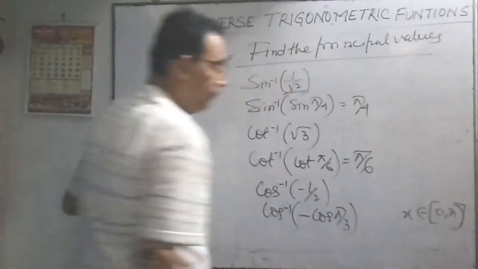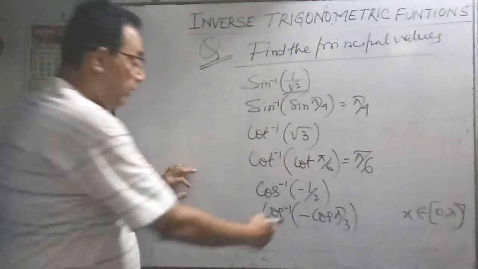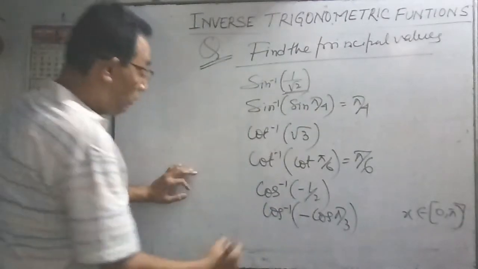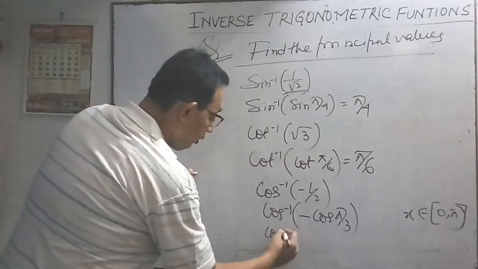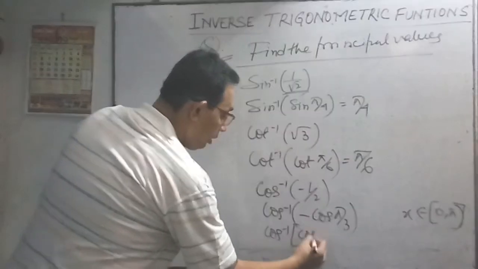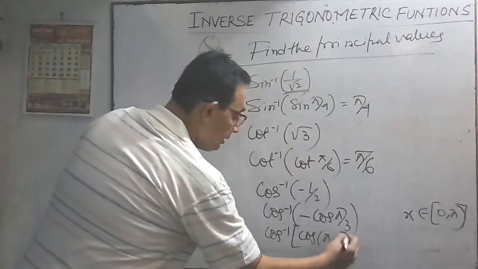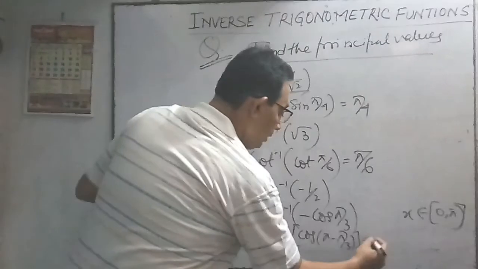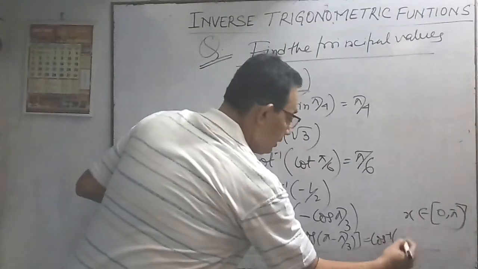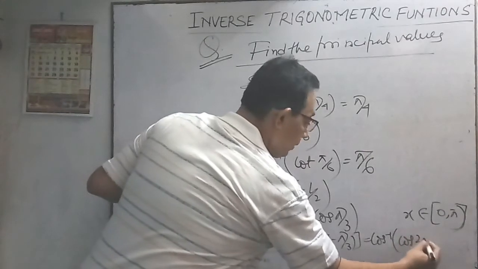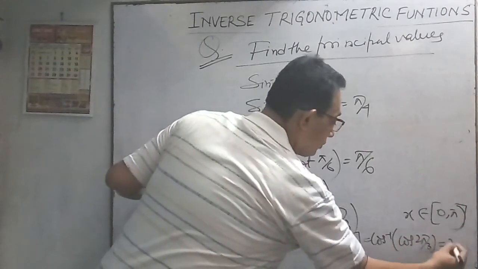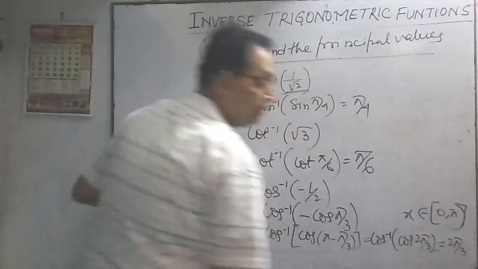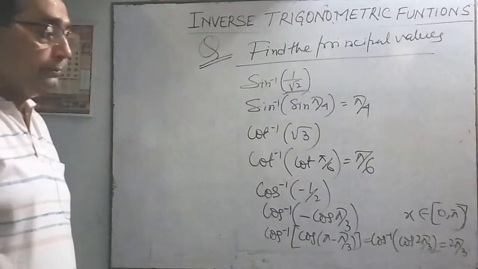So it is never negative. So you have to write cos inverse cos (pi minus pi by 3). How much is it? Cos inverse cos 2 pi by 3. The value is 2 pi by 3. Are you understanding this one?